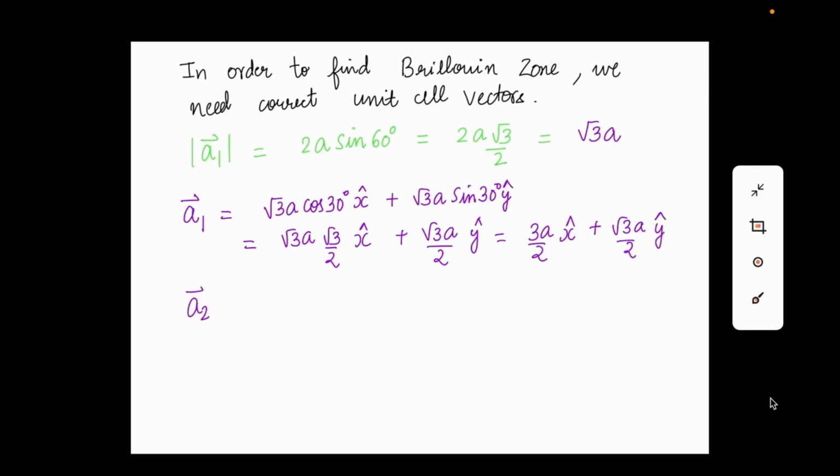Similarly, you can write a2, which is 3a by 2 x minus root 3 a by 2 y.